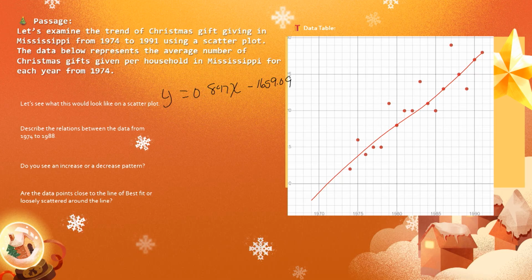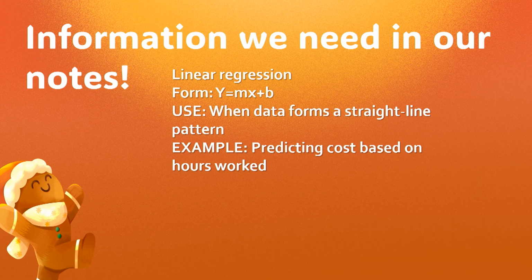So we would say that this is close to our line of best fit. We're wanting to remember how we plug that graph in and how we pull the information for our line of best fit, m and b.